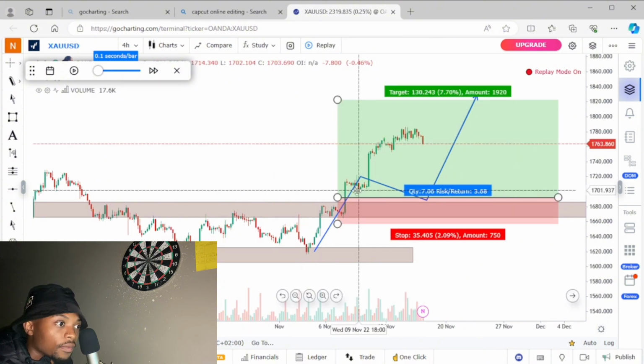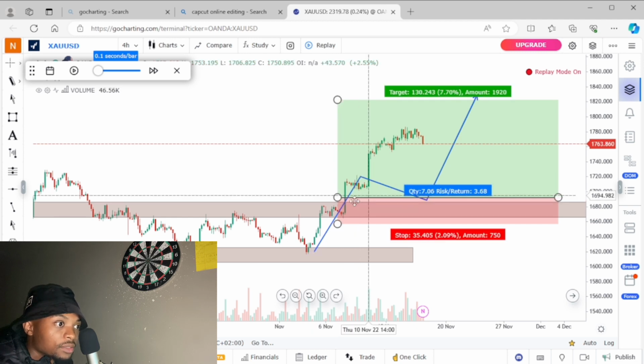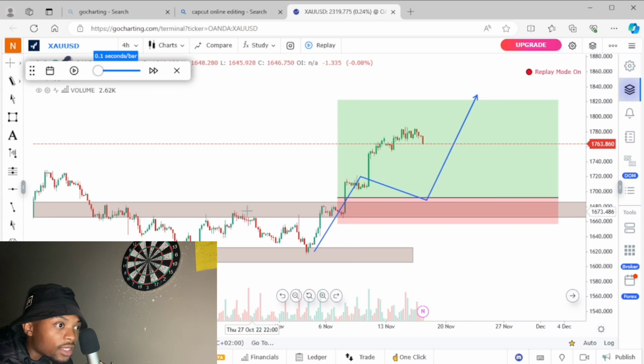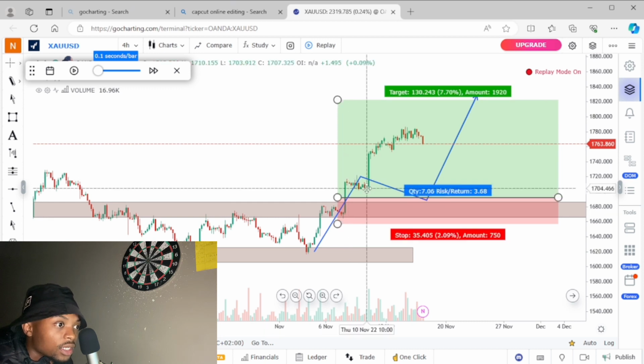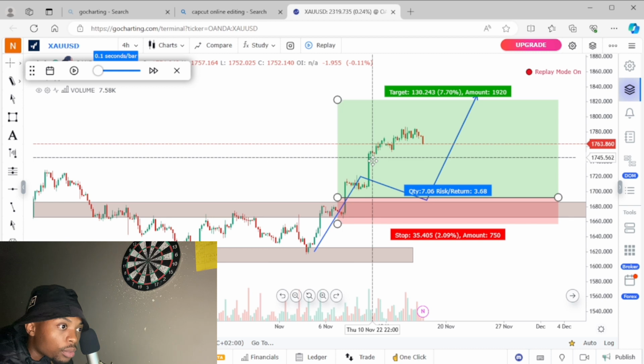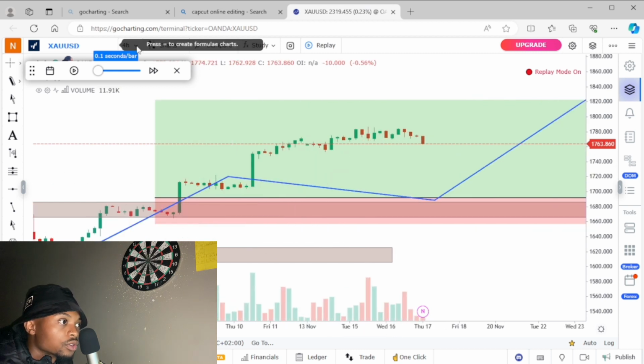Right here, we had ourselves this break above this area, and then this small retest, and then we had this strong bullish candle, right?